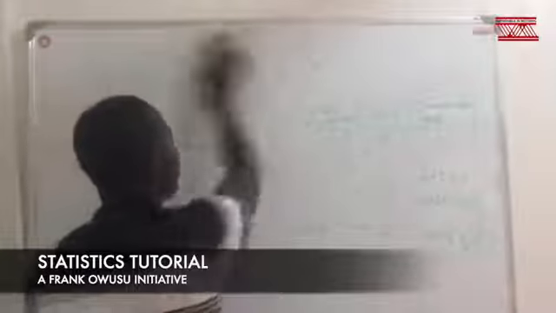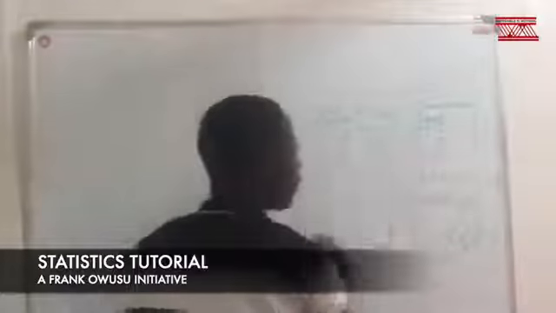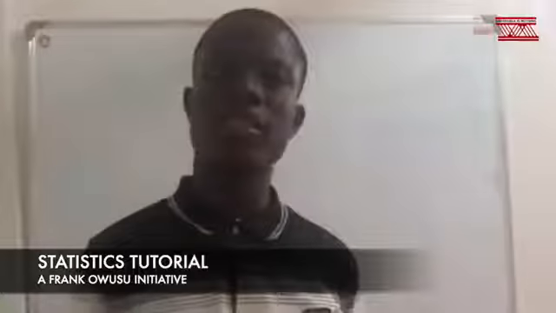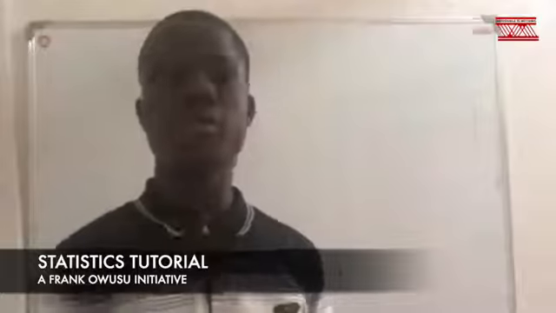So with the measurement of central tendencies, we have some general terms that we look at. Under the measurement of central tendencies, we look at the mean, the median, the mode, deviation, standard deviation, variance, and the range.